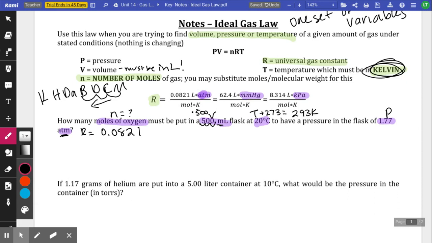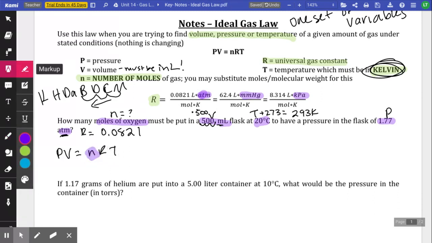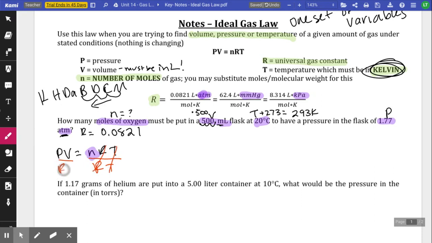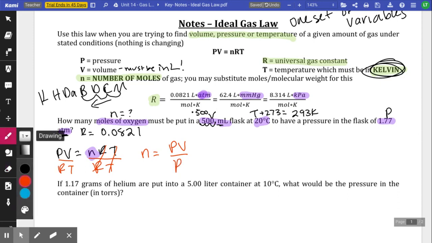Now I'm going to go ahead and take my equation. PV equals nRT. I'm solving for n, so I'm going to manipulate my equation so that n is all by itself. In that case, I'm going to divide both sides by RT. So we get that n is equal to PV divided by RT.